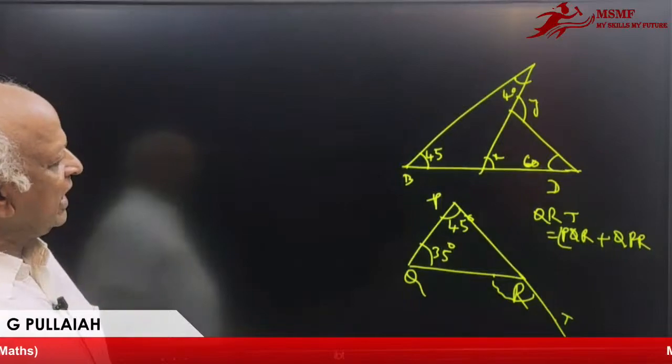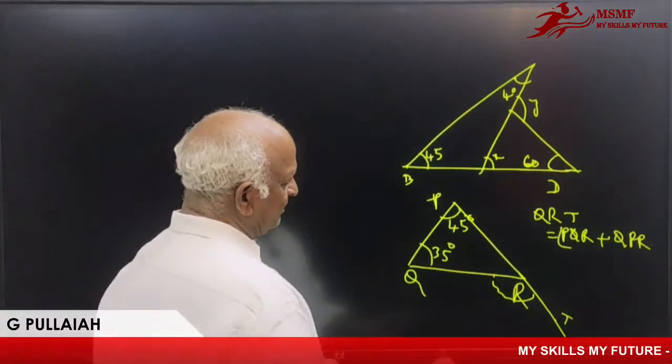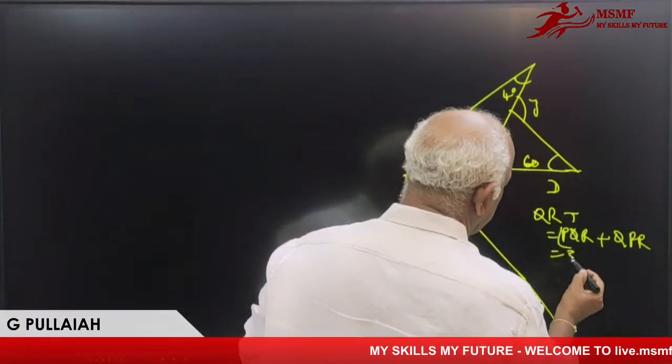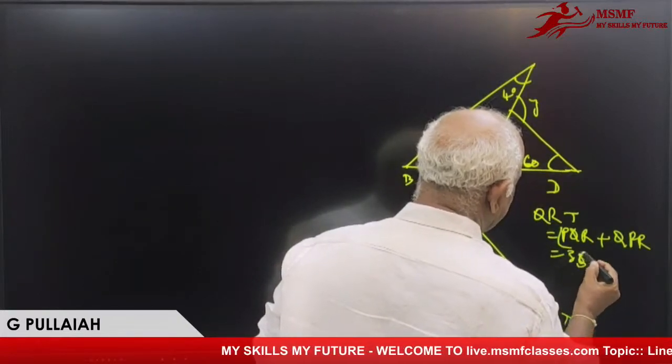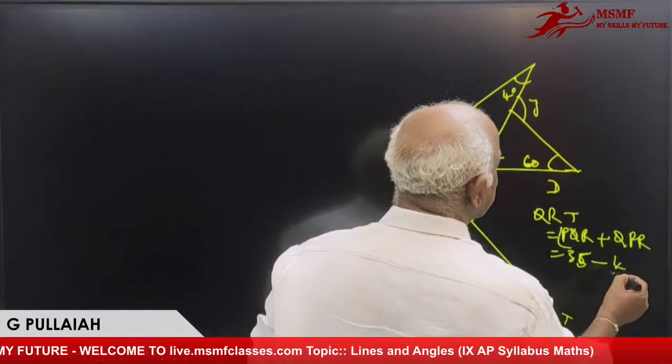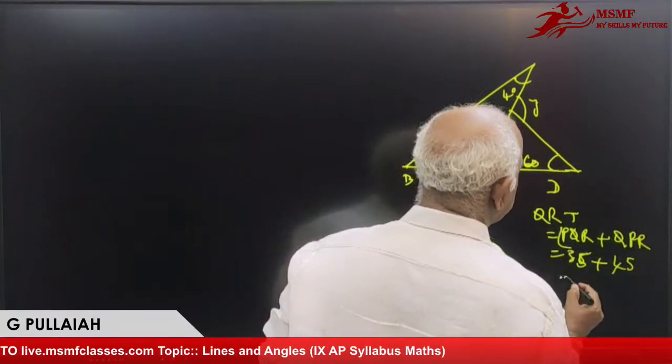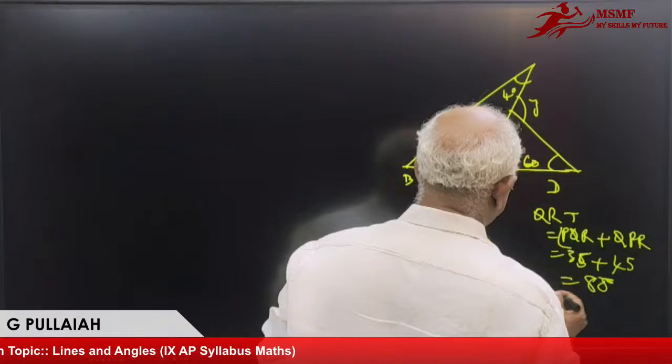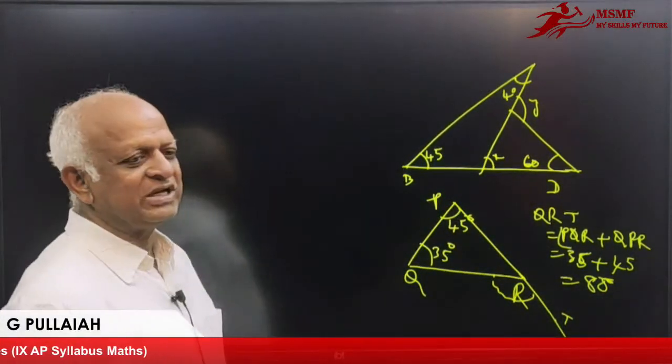Now here angle QRT is angle PQR 35 degrees plus angle QPR 45 degrees, so angle QRT is 80 degrees.